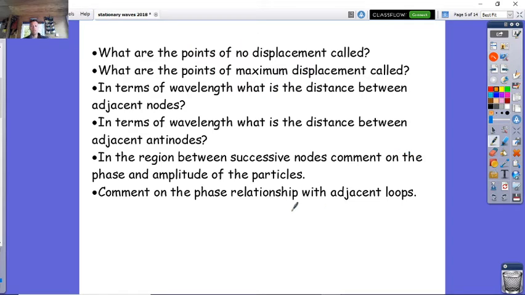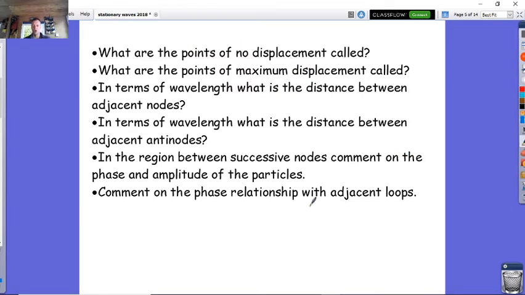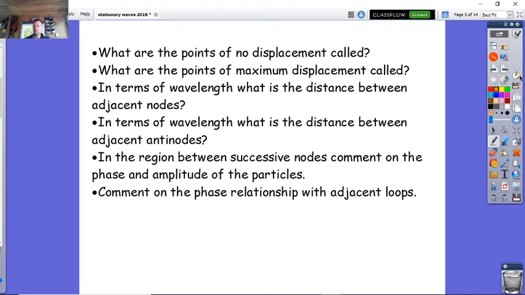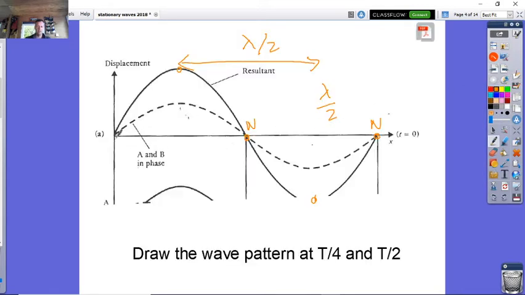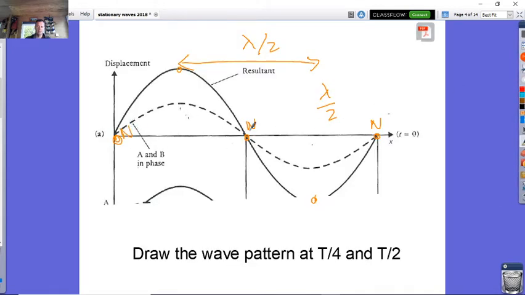Then it says, in the region between successive nodes, comment on the phase and amplitude of the particles. Well, if I take this node here and that node just there, these particles change with time. Sometimes we dot that, showing the fact it goes up here, down there. These particles vibrating up and down all have different amplitudes, from a maximum amplitude of the particle vibrating there, to a small amplitude over here.